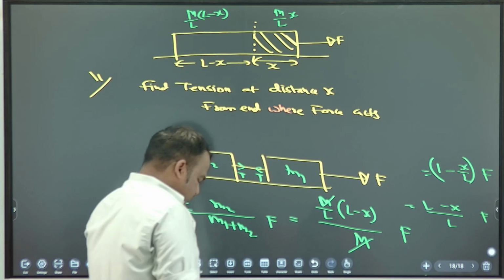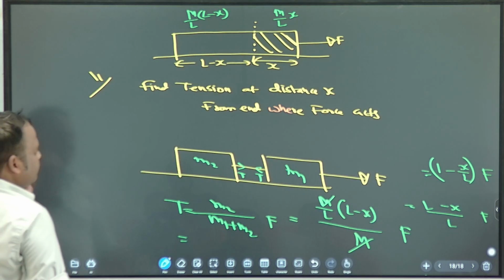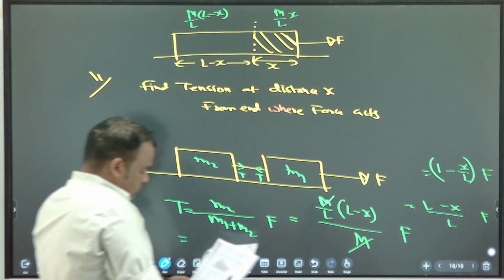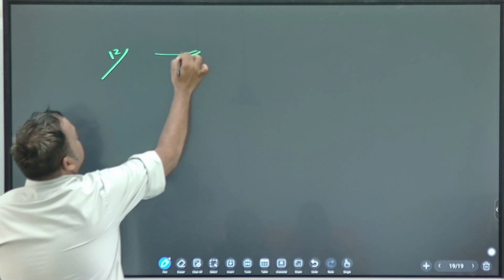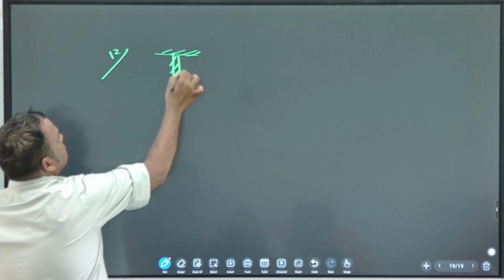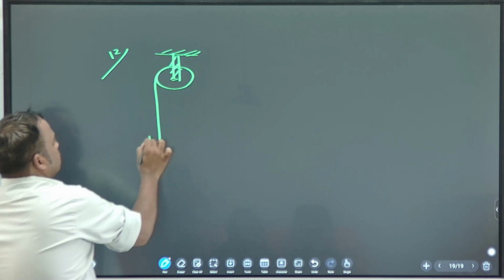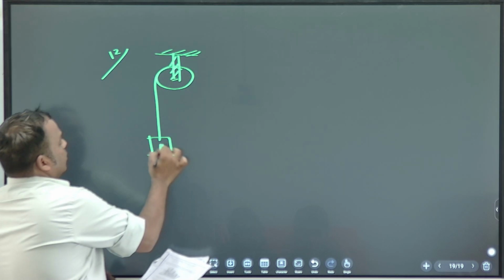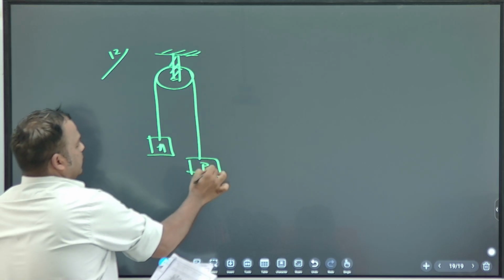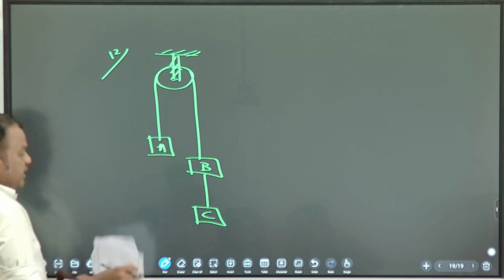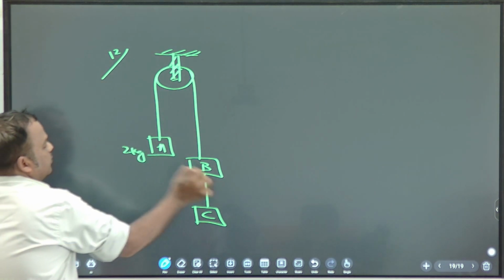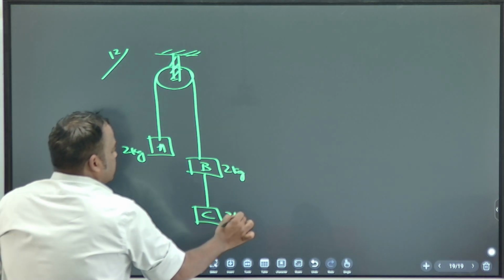Okay, 12th. Note down 12th. So pulleys are there. This is the ceiling, clamp, pulley, blocks A, B, C. The mass of each block is 2 kg.